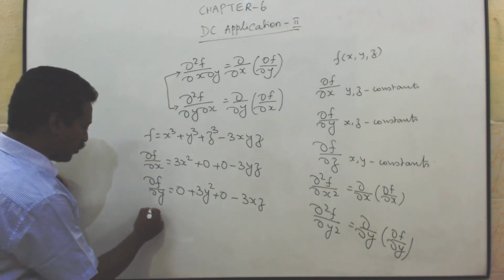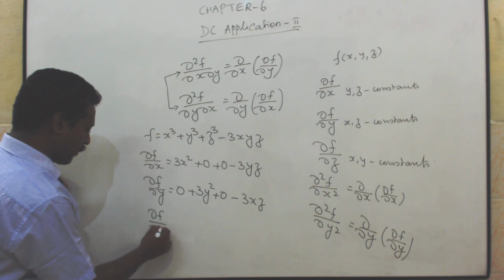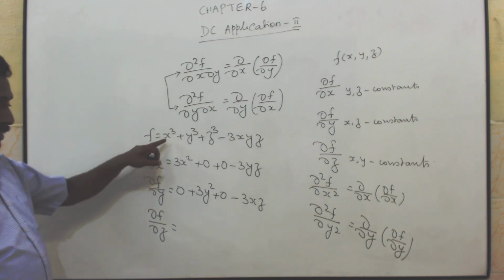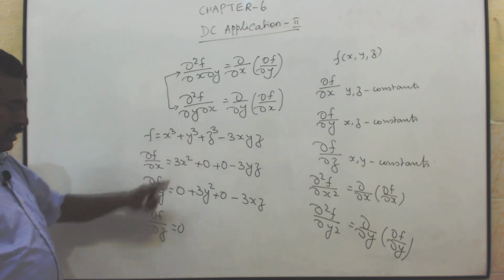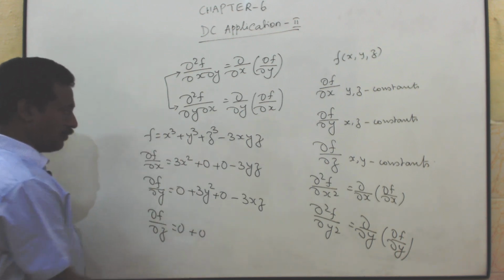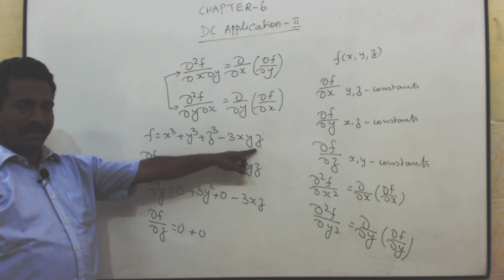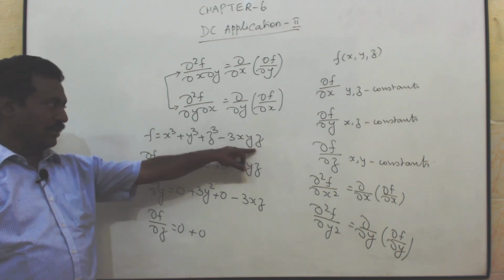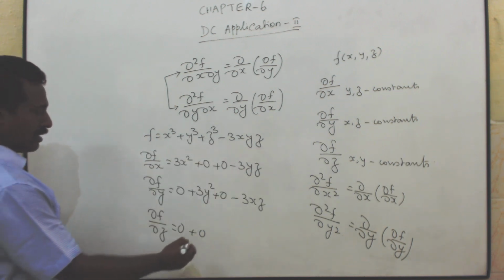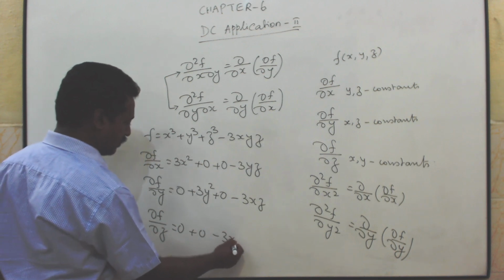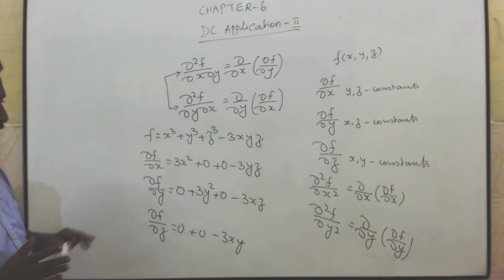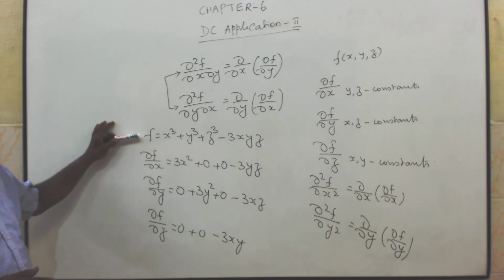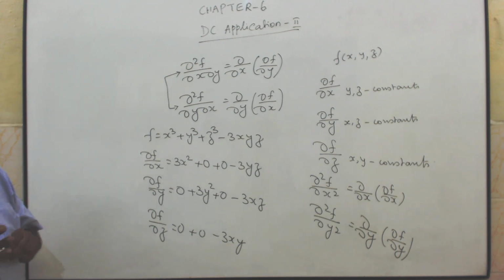Suppose if you want to find out dou f by dou z, here no z, 0. Here no z, 0. Here z is there. Differentiation of z is 1. 3xy constant. Keep the constant as it is. Is it clear? So this is the procedure to find partial differentiation.